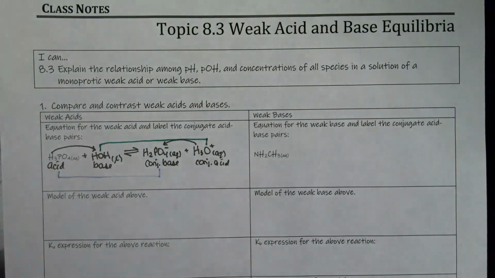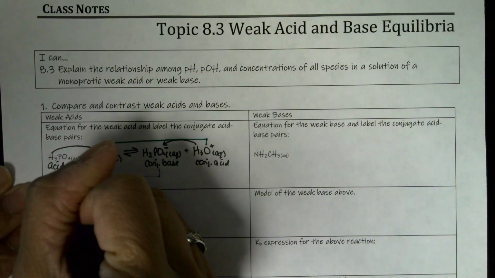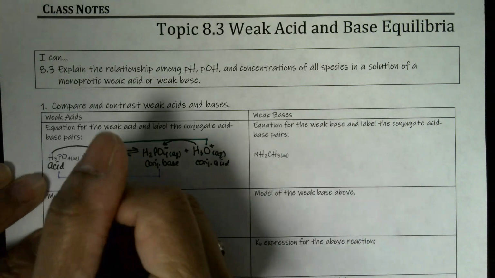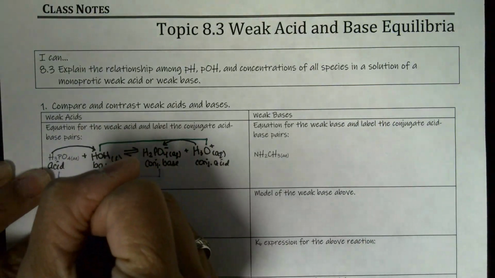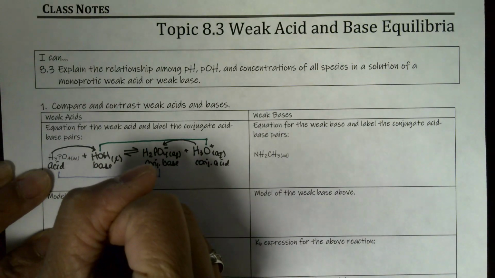So if we are going to model this weak acid, or a container of this, we'll have a container that has some water, so it's H2O. It also has H3O plus.